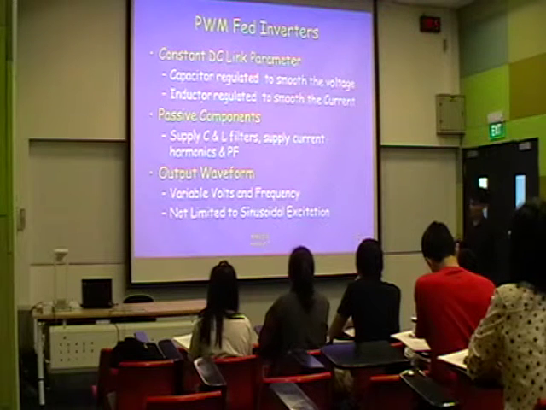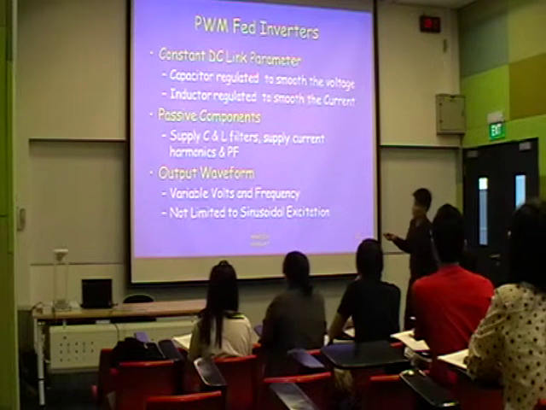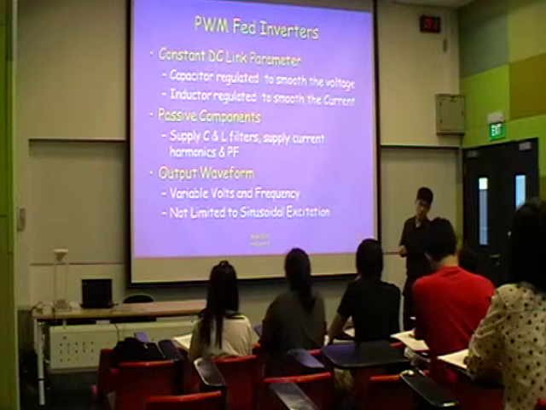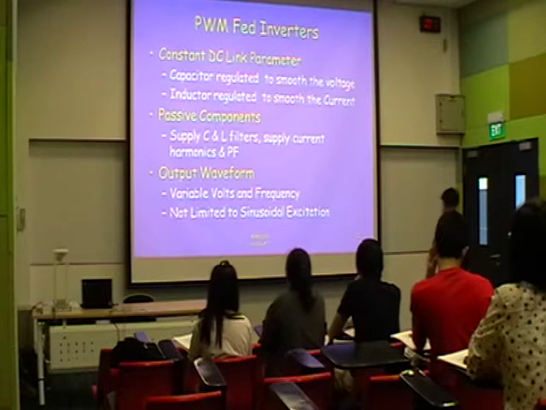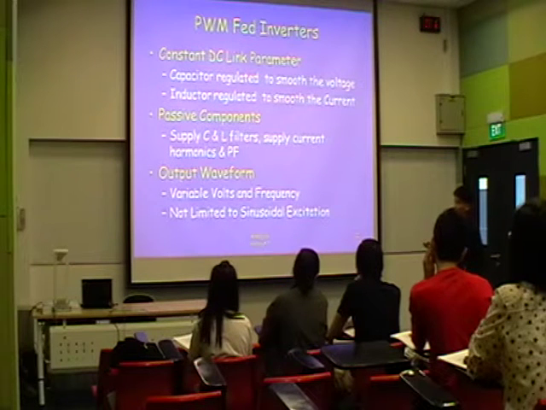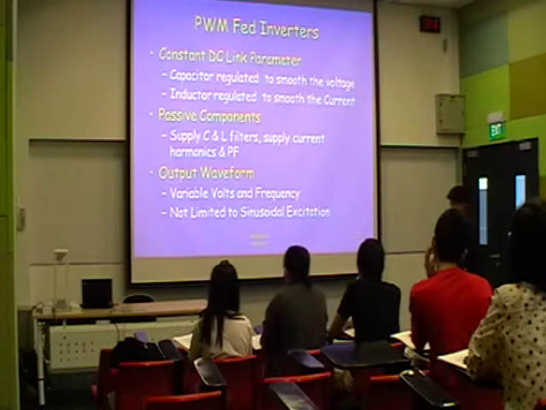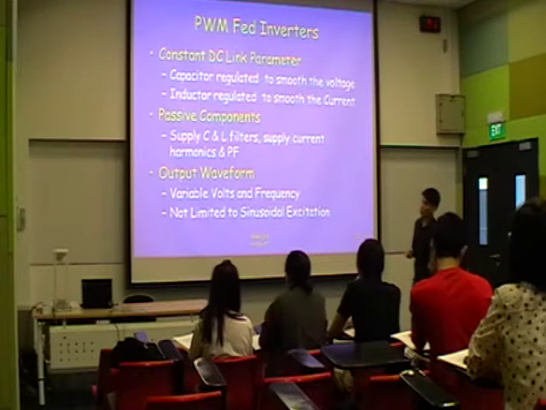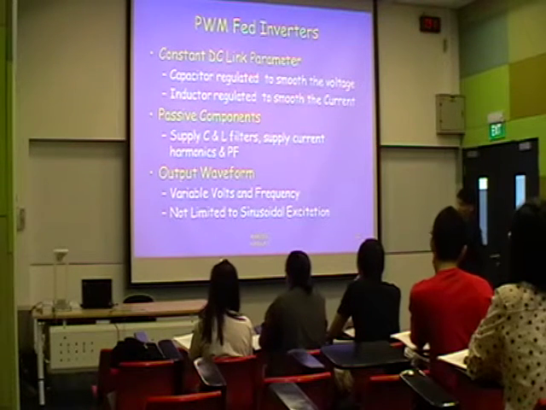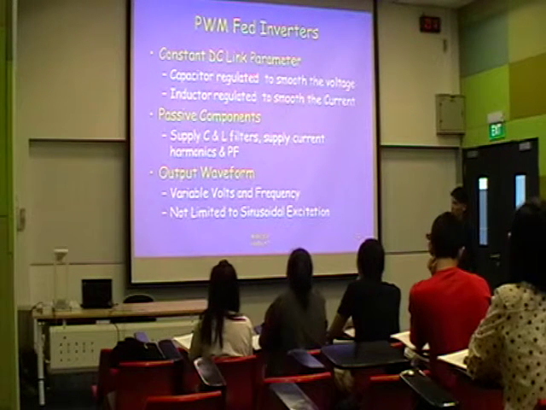But we know that these inductors are to smooth the currents, because the current is one of the parameters for the inductors. There are many other components, and we will not go into detail, just to give you a rough idea of what components are available.